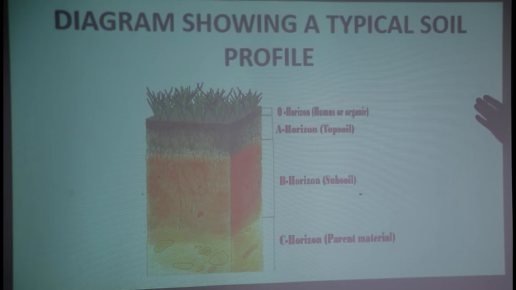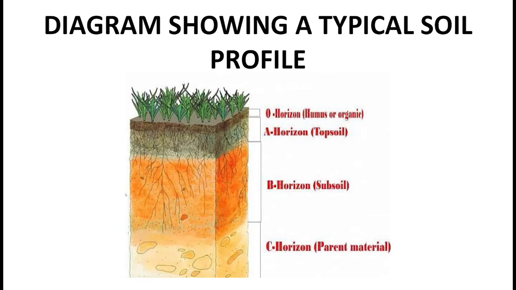From O horizon to A horizon, the 2 of them together, we call them the topsoil. The O horizon is mostly a zone of humus or organic matter. Then horizon B is also known as the subsoil. And lastly, horizon C is referred to as the parent material. Sometimes you can also call them the bedrock.